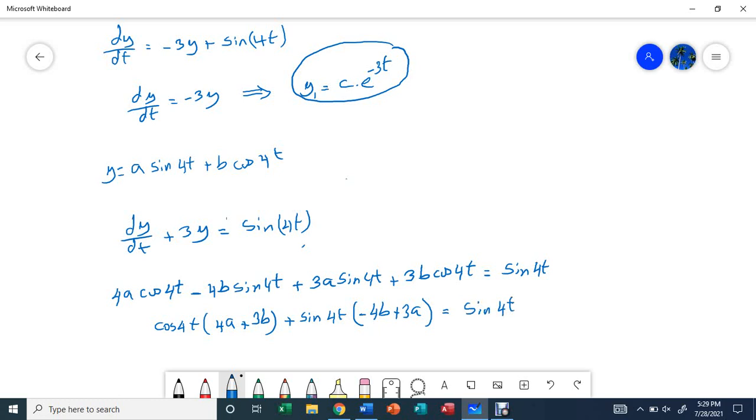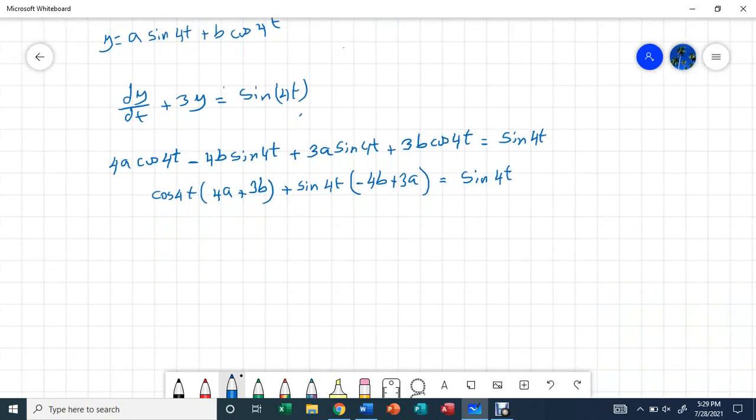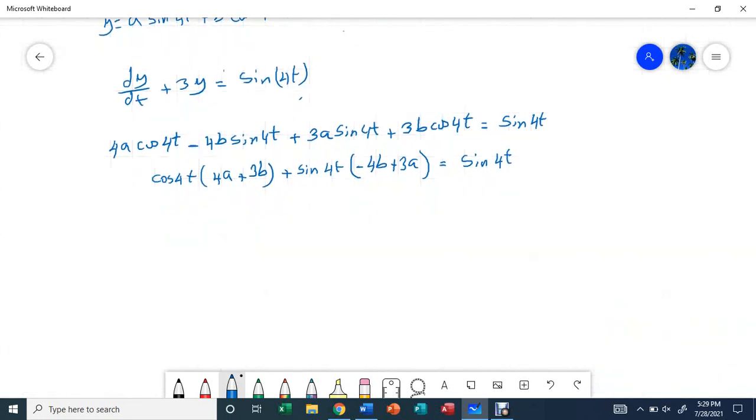On the right hand side I don't have cosine, so assume it's 0. So the first equation is 4A plus 3B equals 0, and the second equation is 3A minus 4B equals 0.